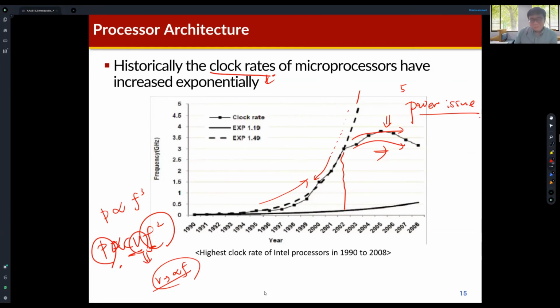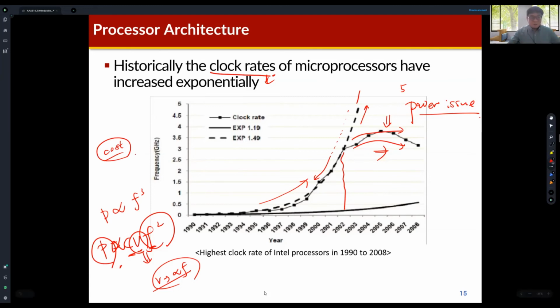So we may implement a very high frequency in our CPU processors, but this CPU will consume very much power. Then it is not desirable. So cost is also important.